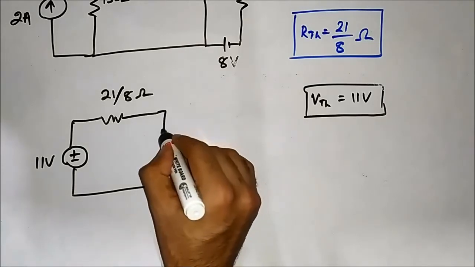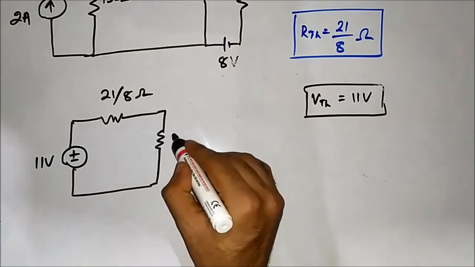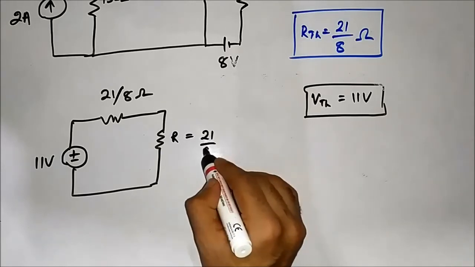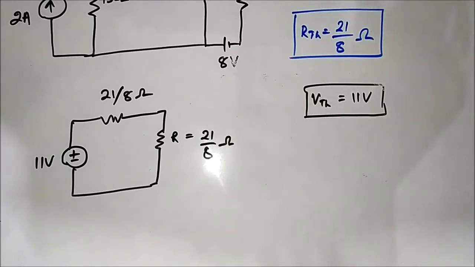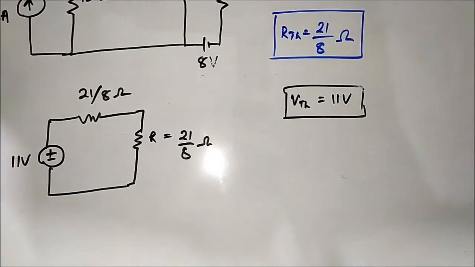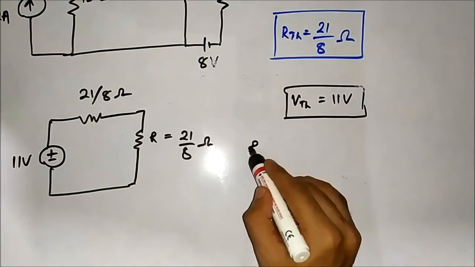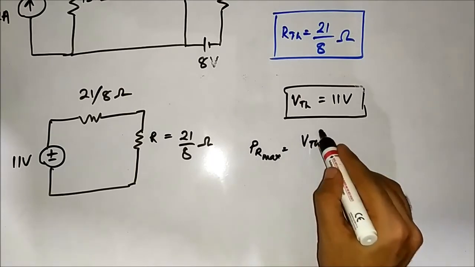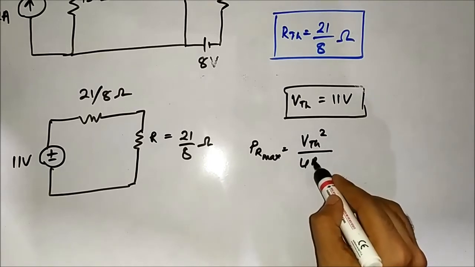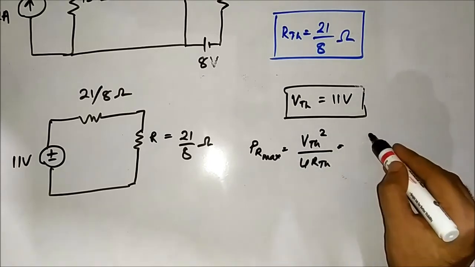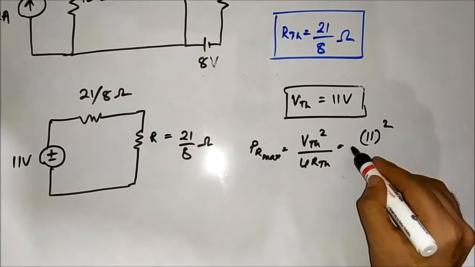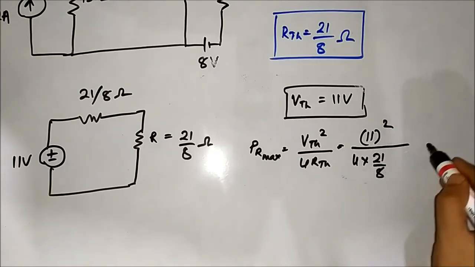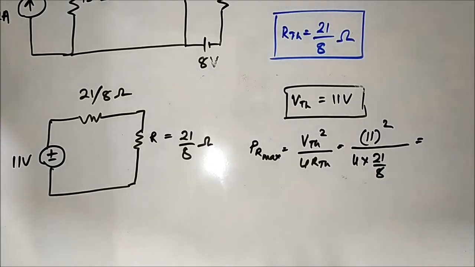So the value of R for maximum power transfer is equal to 21 by 8 ohm, because that is the statement of maximum power transfer theorem. And that maximum power PR max we know is equal to VTH square by 4 RTH, which will be 11 square by 4 into 21 by 8.